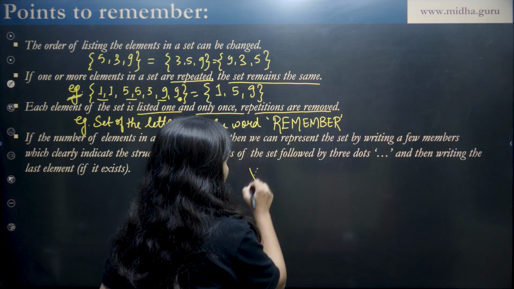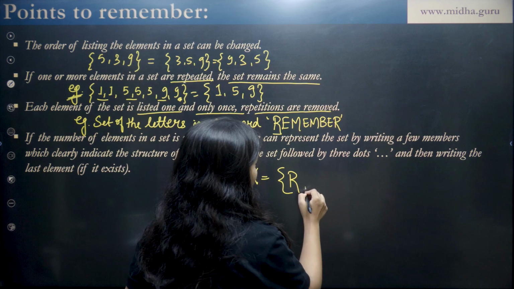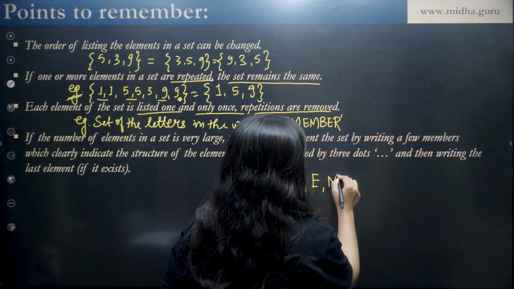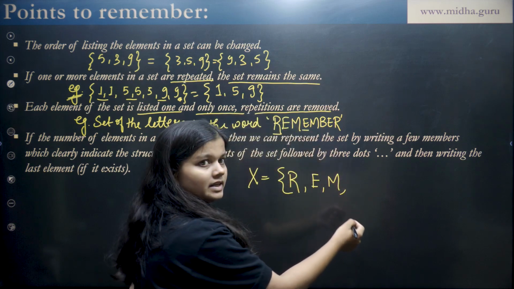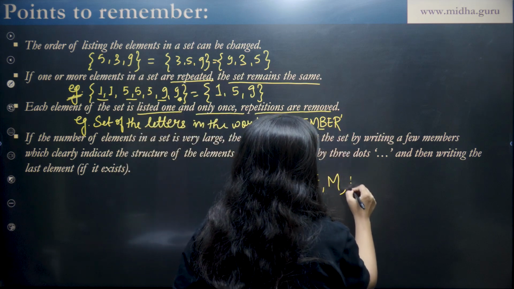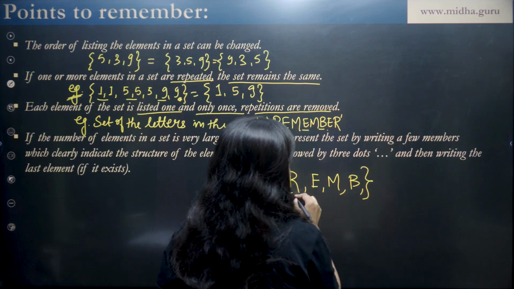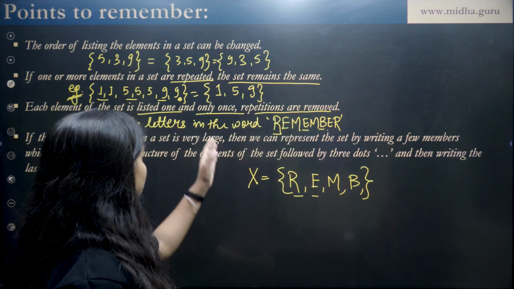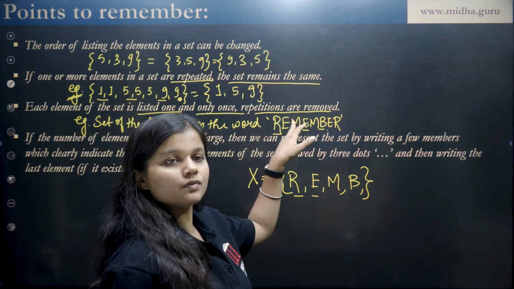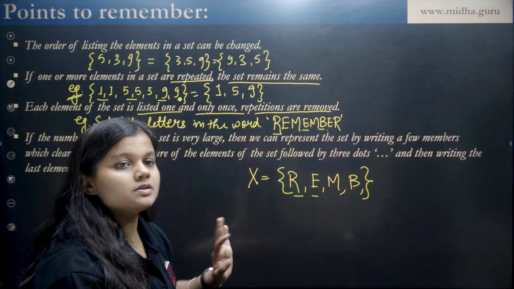Okay, so let us take the set X. So its elements include R, E, M. We cannot write E again because E is already written. Then we can write B, and E and R can be neglected because they are already written. So the set of the letters of the word remember is R, E, M and B, and repetitions are removed, right?